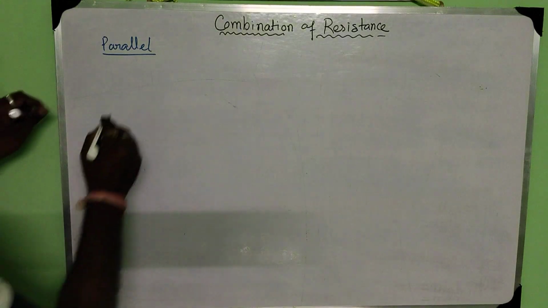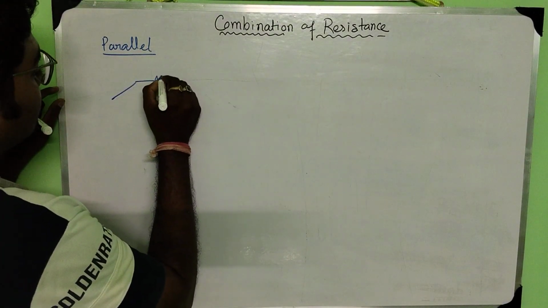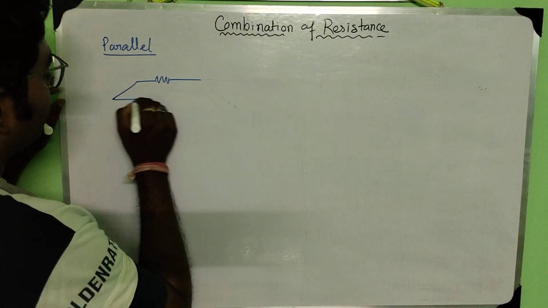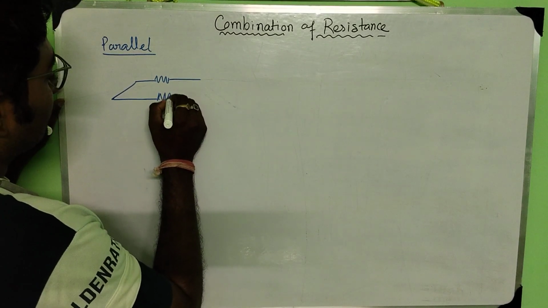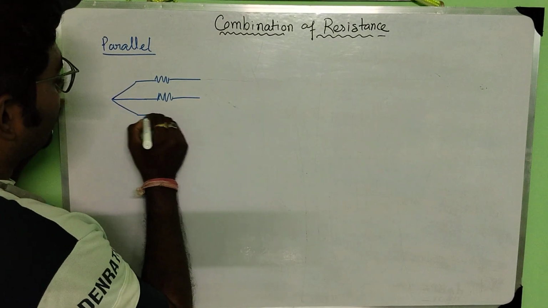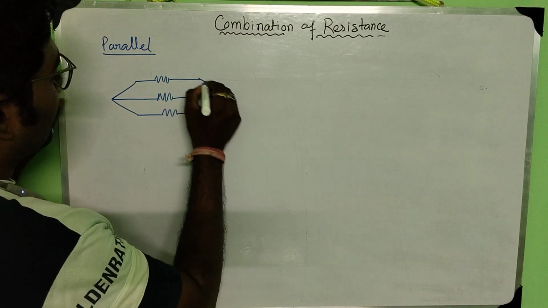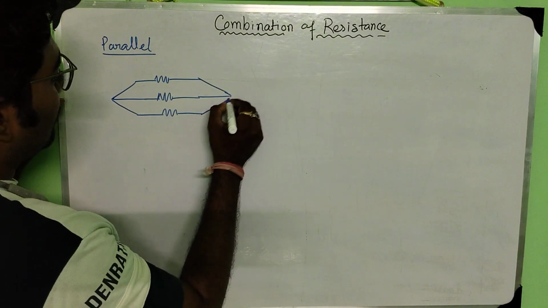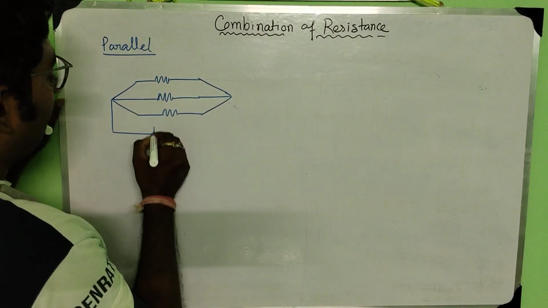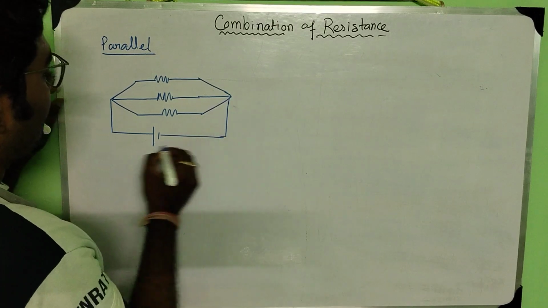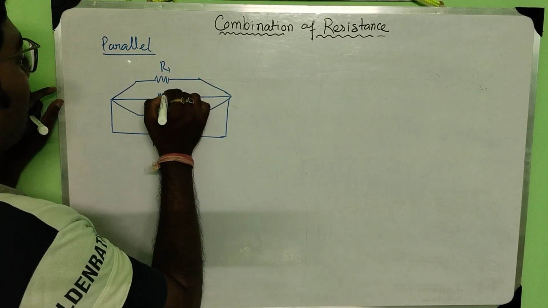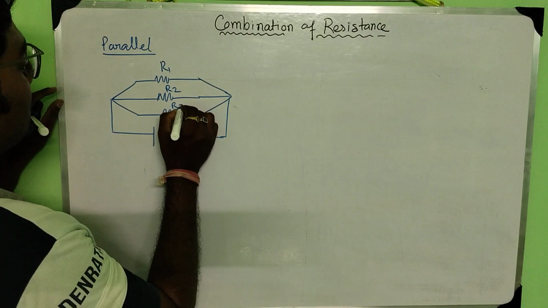Parallel combination means R1, R2, R3 connected like this.